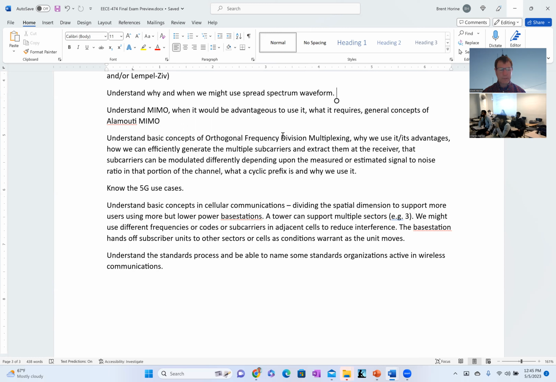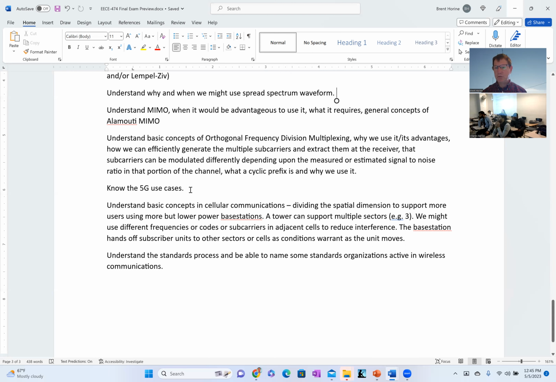I'm running out of time here. Each of those narrowband subcarriers can be modulated at a different depth or level, maybe 16 QAM versus BPSK versus 64 QAM, depending upon the signal to noise ratio you experience in that particular region. Know what a cyclic prefix is and why we use it.